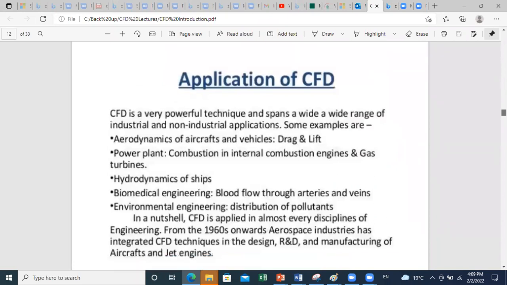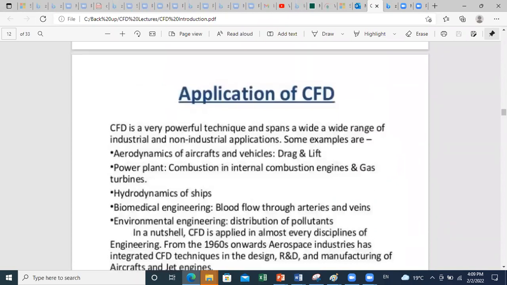Now, CFD presents many applications that are very interesting. It's a powerful technique that spans a wide range of industrial and non-industrial applications. In this course, we'll try to cover several applications of CFD. Some examples are in the aerodynamics field. When we want to design cars or airplanes, CFD is widely used to compute drag and lift forces.